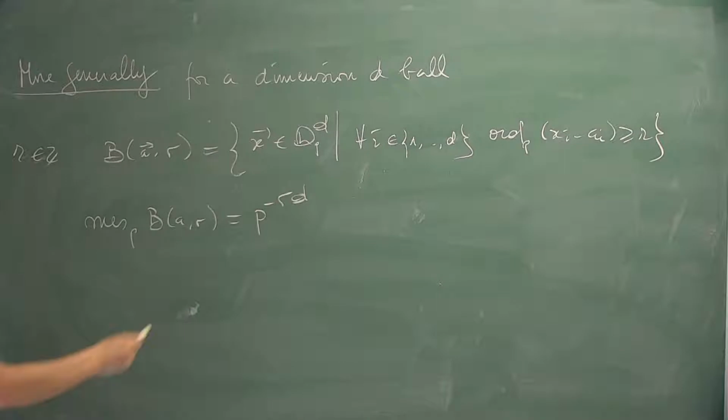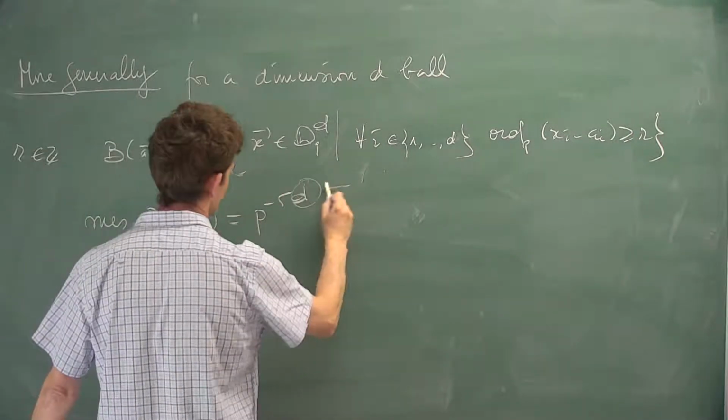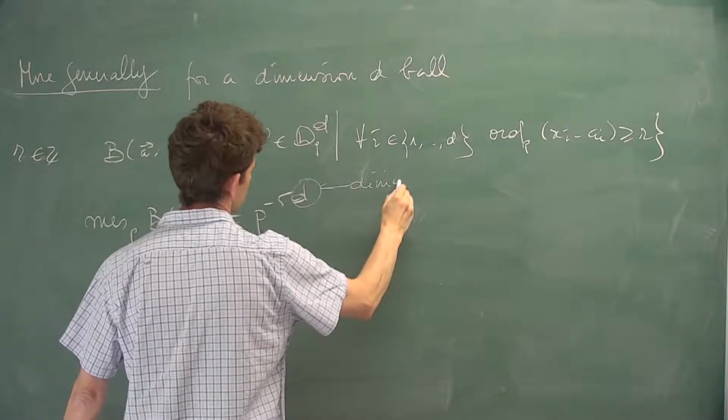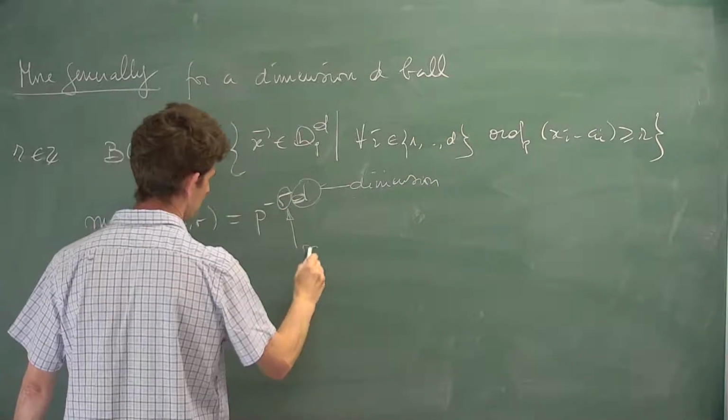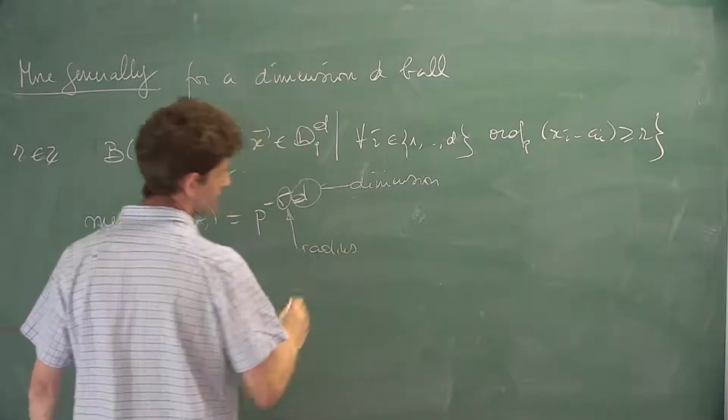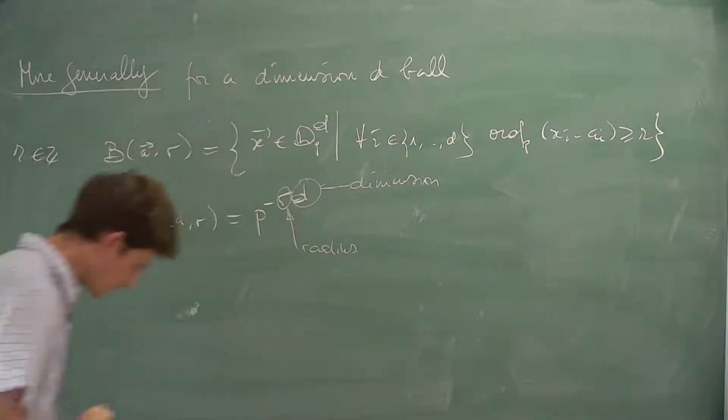So d is the dimension, and r is the radius. Okay.